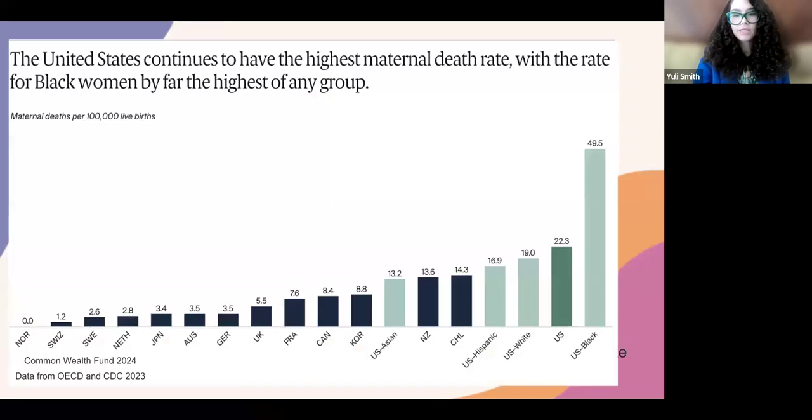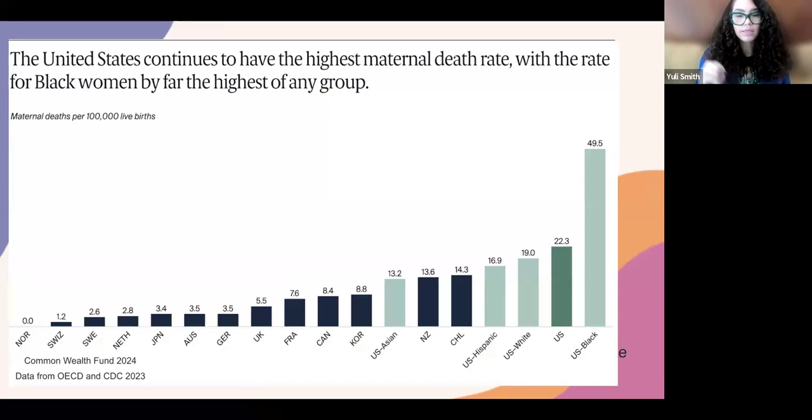Now, this graph demonstrates how the US ranks compared to similar high-income countries. Okay, so you can see the US is at the very far right of this graph. And the numbers you see are the amount of deaths that occur per 100,000 live births.